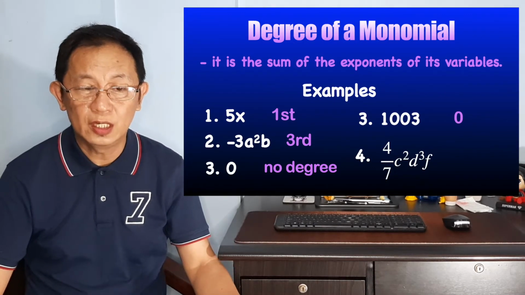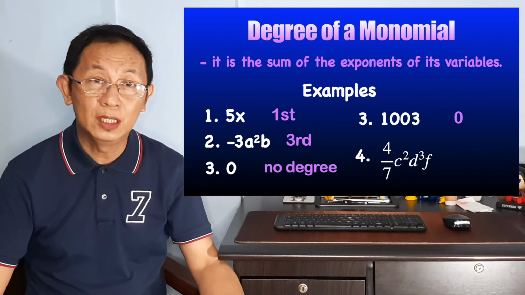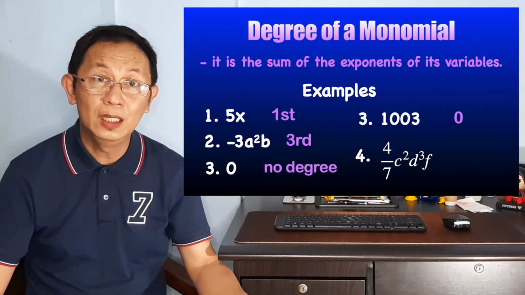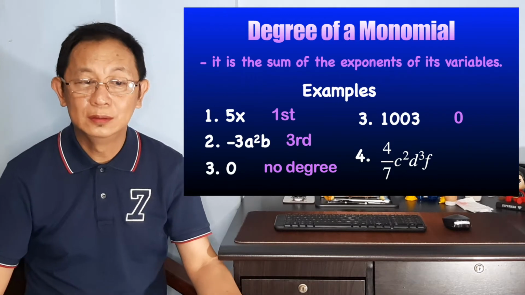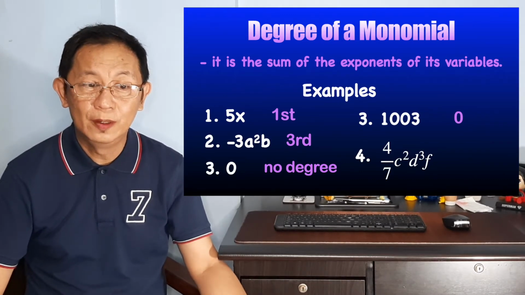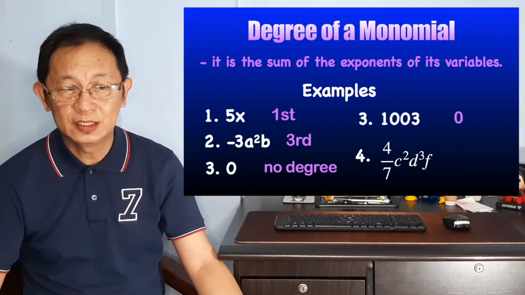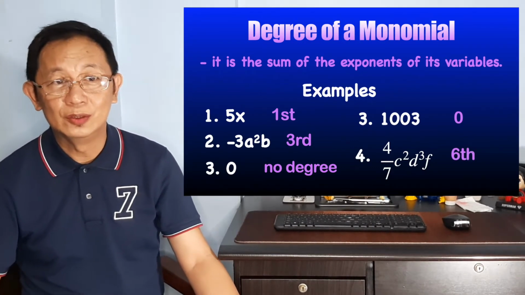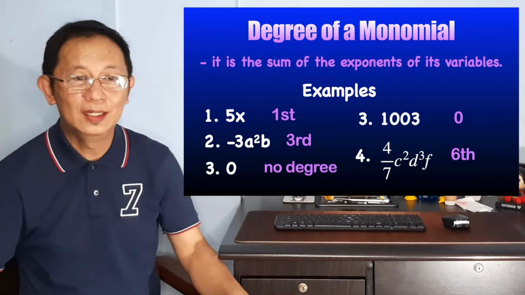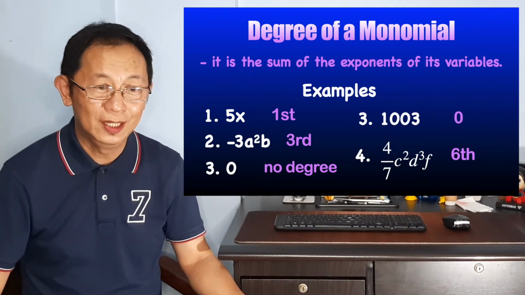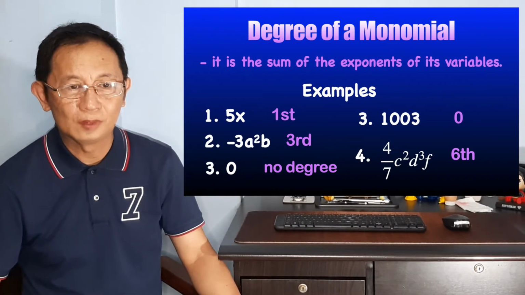So, you just add the exponents of the three variables, 2 plus 3 plus 1, 6. So, therefore, this monomial is in the 6th degree. So, every monomial has a degree, except 0.